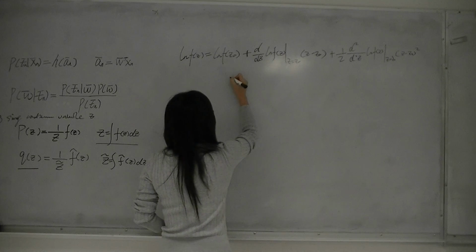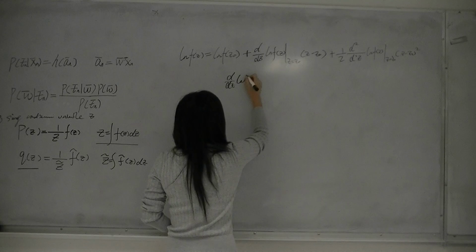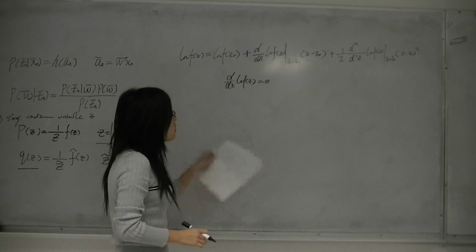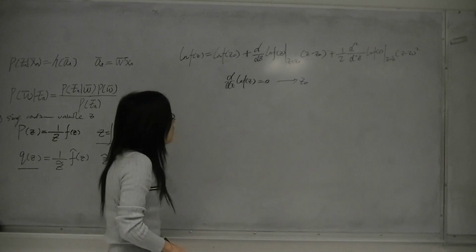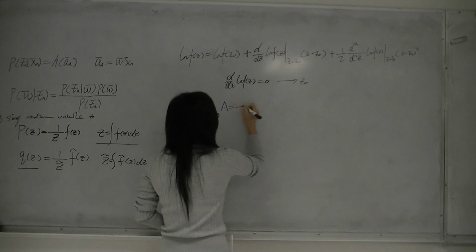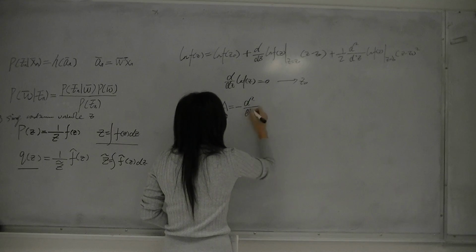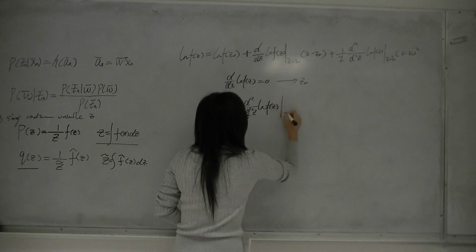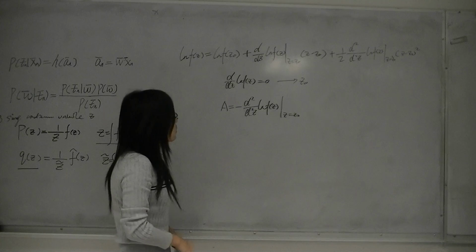We take the first order derivative of ln f(z) and set it to 0, and with this equation we can get the point z_0. Then we use the capital A to denote the negative second order derivative of ln f(z) at the point z equal to z_0.